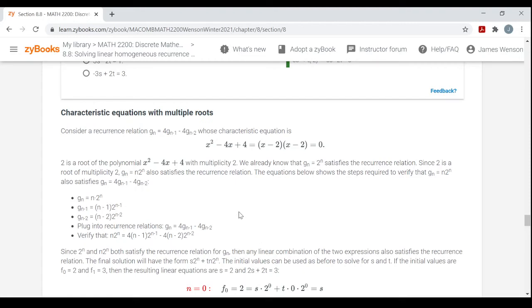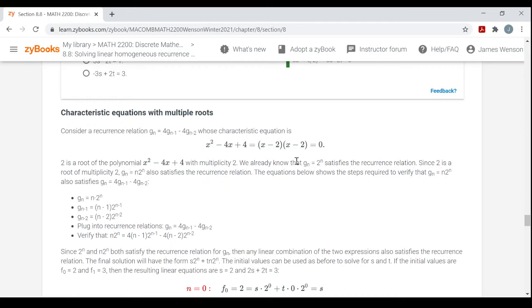So what you're going to be doing with repeated roots is you start off with that root to the power n, and then just throw on powers of n until you get enough solutions to equal the multiplicity. So if it has multiplicity 2, you should get 2 solutions, like 2 to the nth and n times 2 to the nth, which will be independent. They also satisfy the recurrence, and you can verify that.